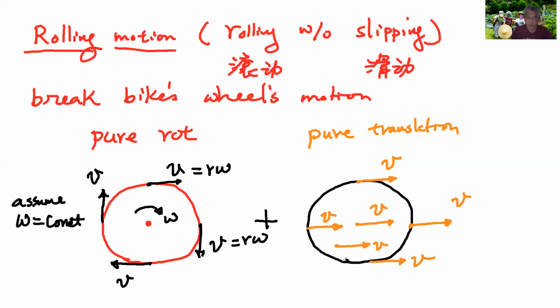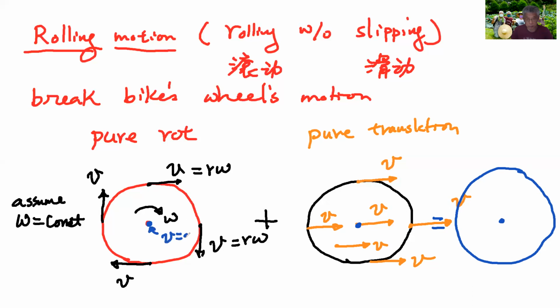Now let's look at a few points here and add them together. Let's look at this point here and that point. If we add them together, that's going to be equal to, make this circle here, pure rotation plus pure translation. Let's look at this point here. This is 0, so there's no velocity right there.